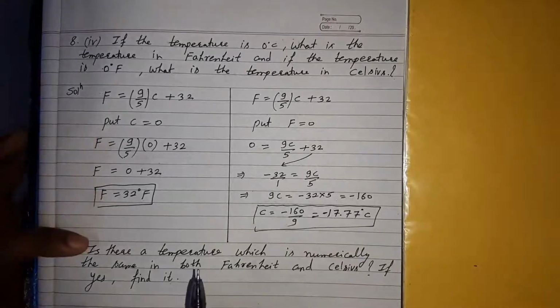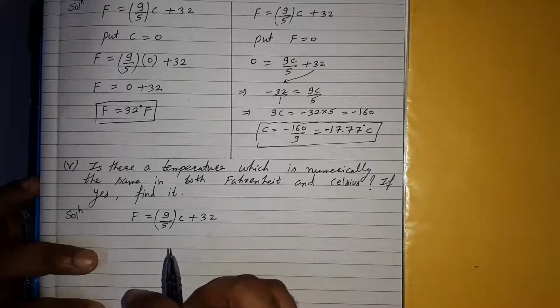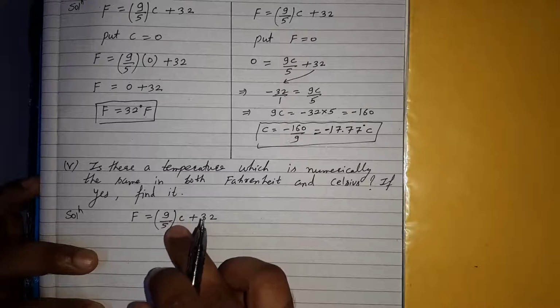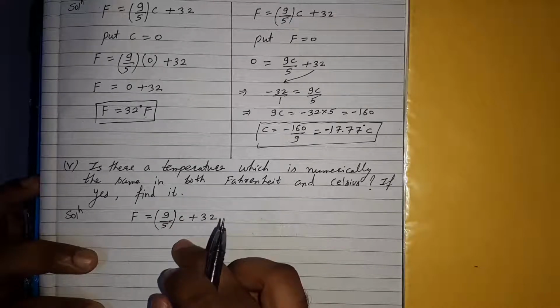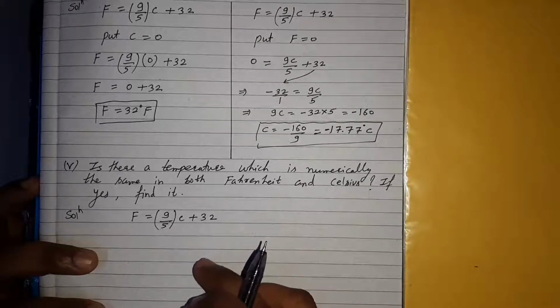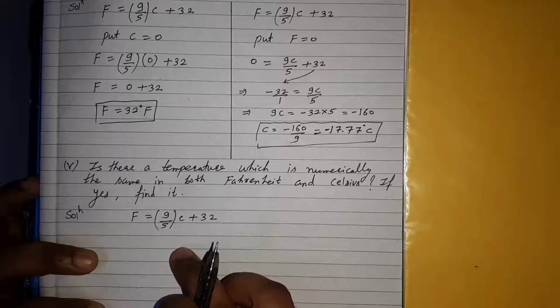The last part of this question, fifth part, is there a temperature which is numerically the same in both Fahrenheit and Celsius? If yes, find it. Now we know that F is equal to 9 upon 5C plus 32. Now in this question, we have to check, can the value of F and C be same or not?